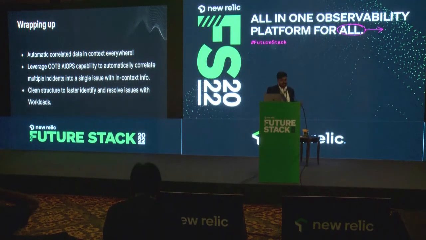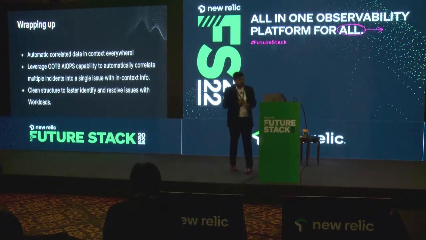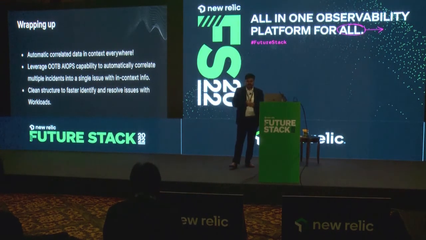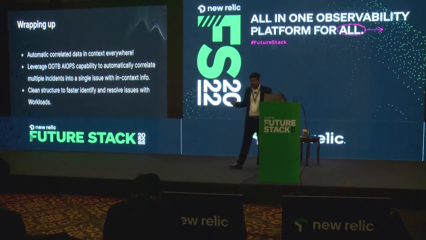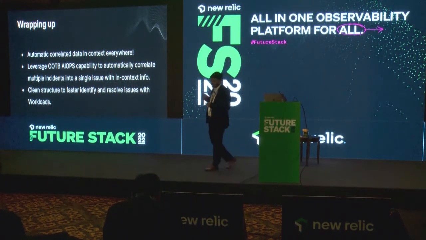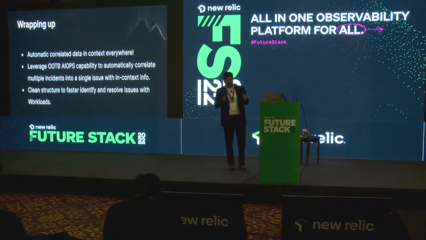Now, just summarizing everything that we saw during the session, firstly, we saw how you can leverage in-context data basically everywhere in the platform to get instant access to the right correlated information to troubleshoot your issues.